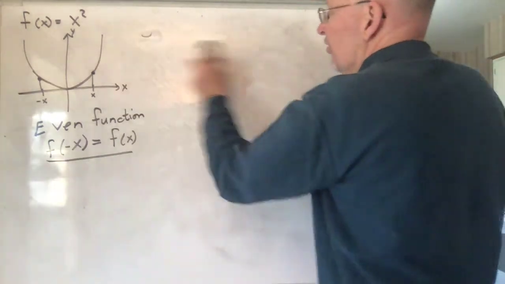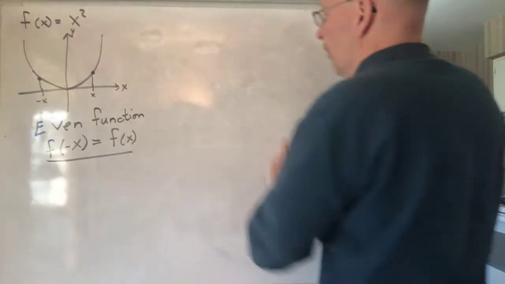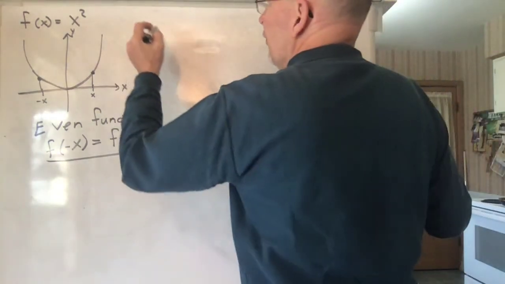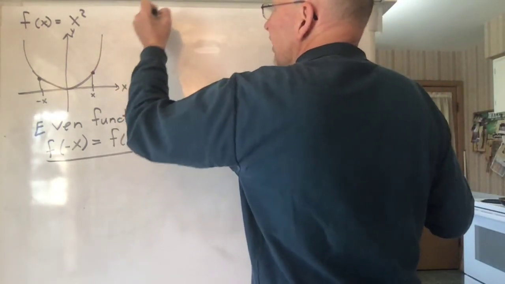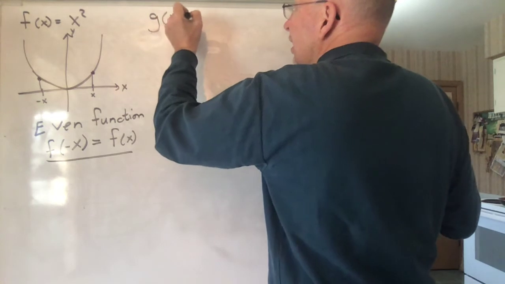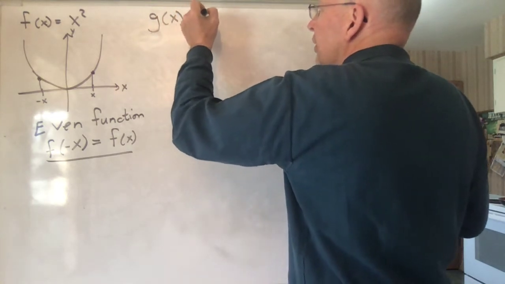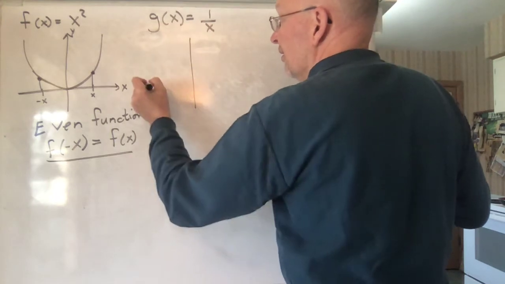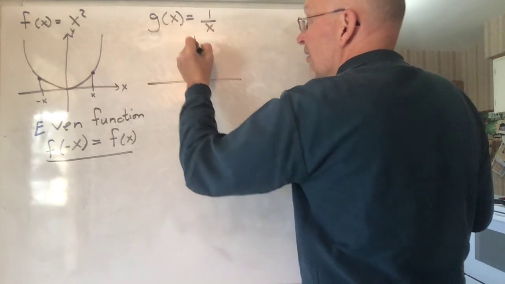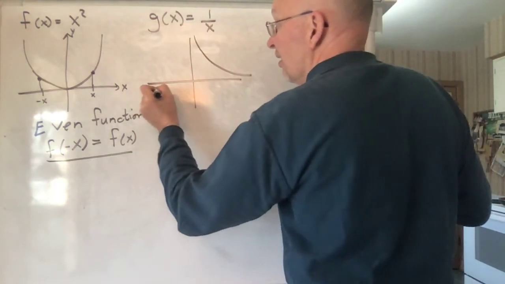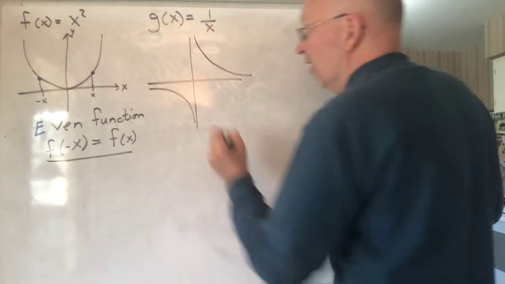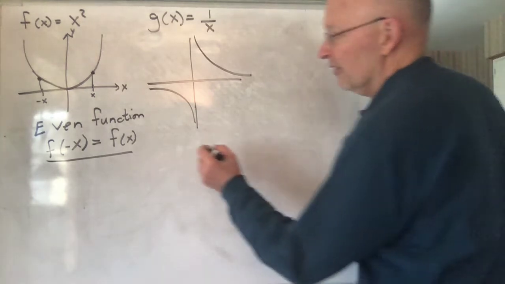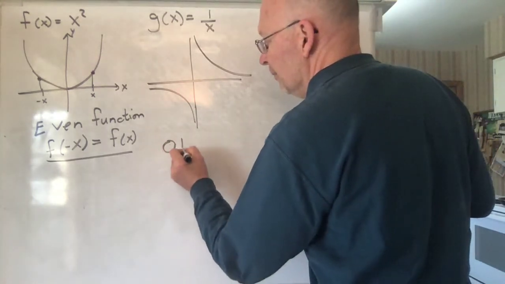On the other hand, you also have functions that we say are symmetric, not with respect to the y-axis, but are symmetric with respect to the origin. So for example, g of x equals, let's say, 1 over x as an example. It looks like that. This is called an odd function.